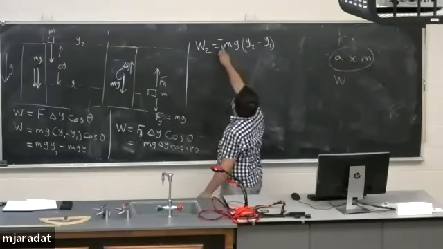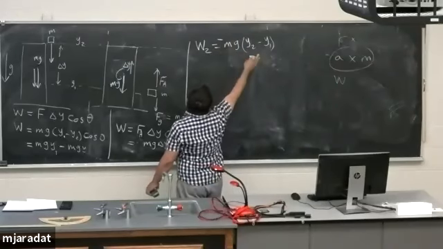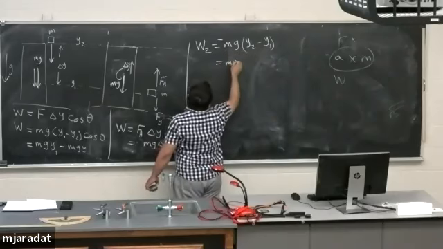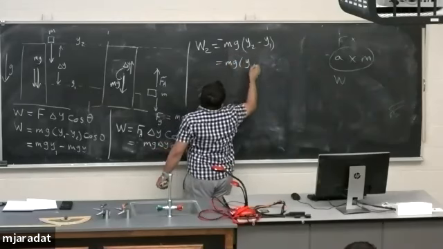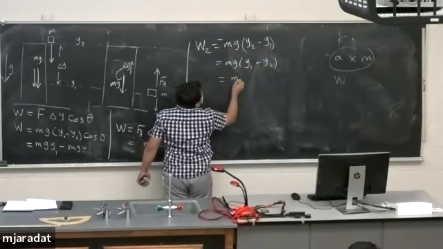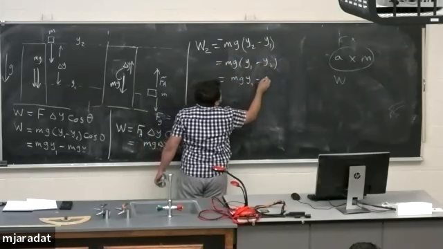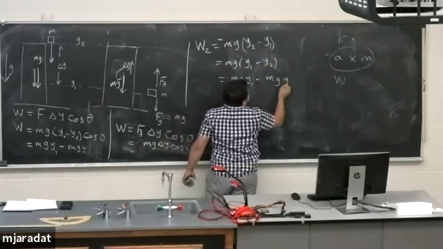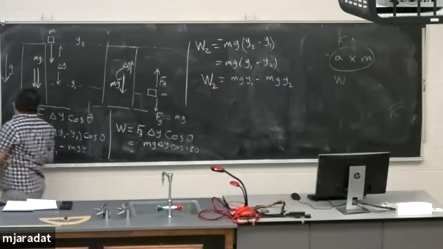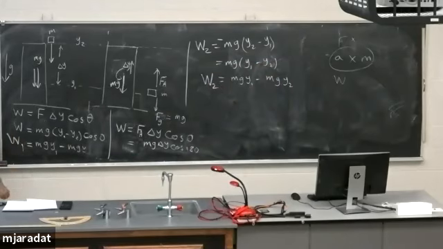If we put the negative sign into the parenthesis, it will be mg (y1 minus y2). Two terms: mg y1 minus mg y2. This is the work in the second case. In the first case, they are the same.